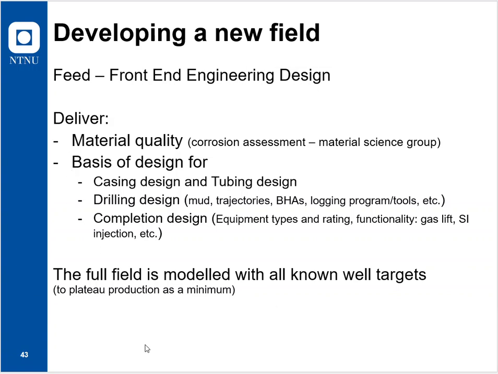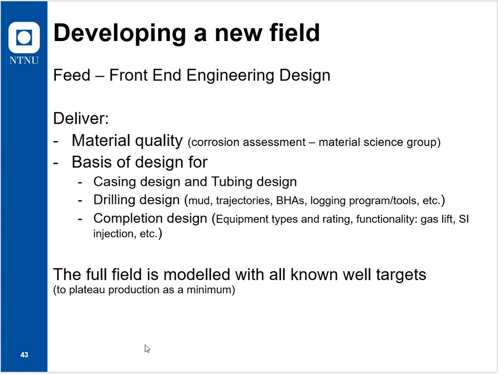Basis for design is what you are developing. You're developing a casing design and a tubing design, and then you're developing a drilling design and a completion design. All of these things are tied together. If one changes a little bit, you are very often affecting the others.